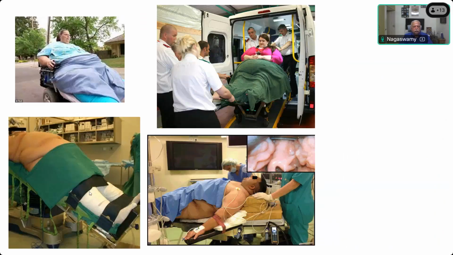Whenever you alter the position, make sure they don't slide off the table by providing adequate support here, and keeping the arm as far as possible close to the body without too much abduction is very important. And they have given the nice ramp position, and you can see, even though he has a very short neck, the mouth is very easily reachable, and you can easily introduce your laryngoscope.